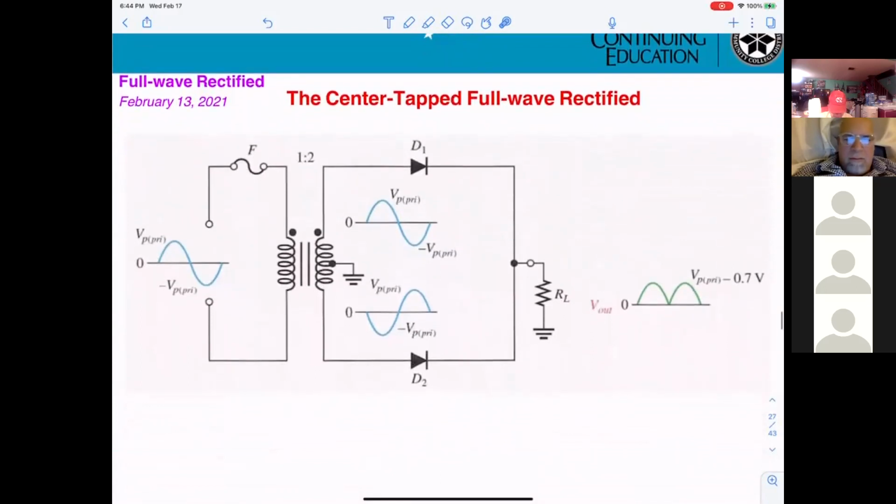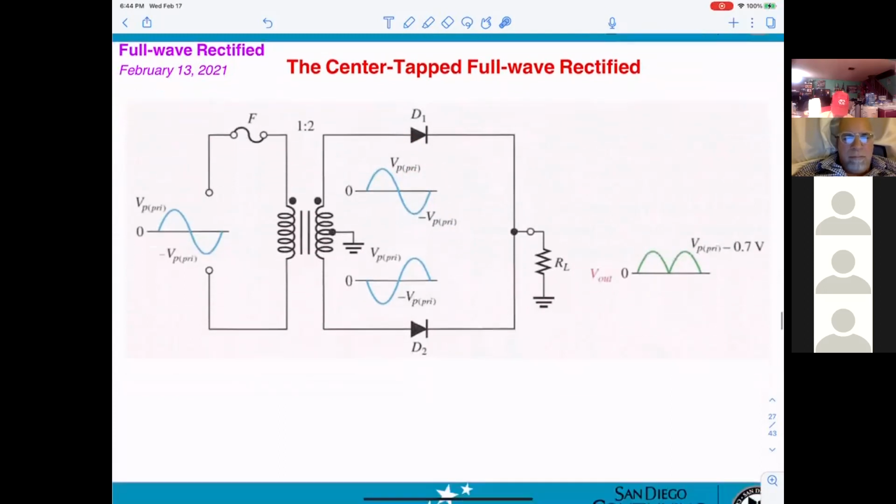And then this one is not the same. 1 to 2. That means if you get 110 volts here, that will be times 2 divided by 1. So you can get the primary here and the minus primary here, not divided.